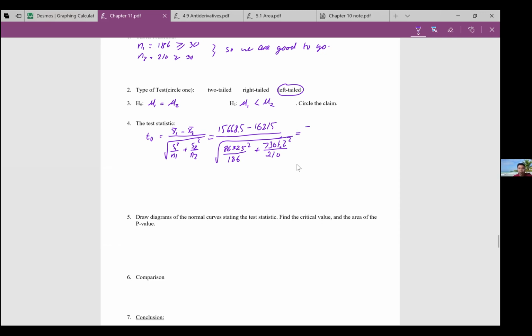So we get negative 546.5 on the top, and on the bottom we have 809.006. All right, so we get negative 0.6755.